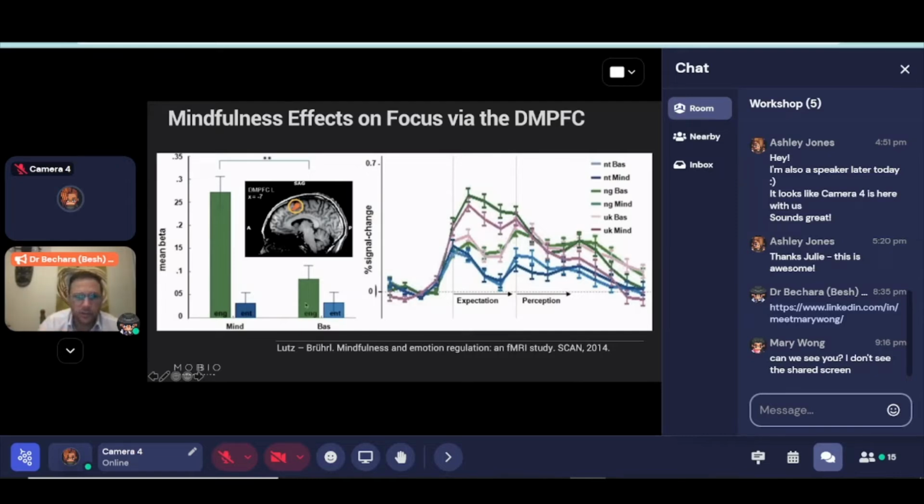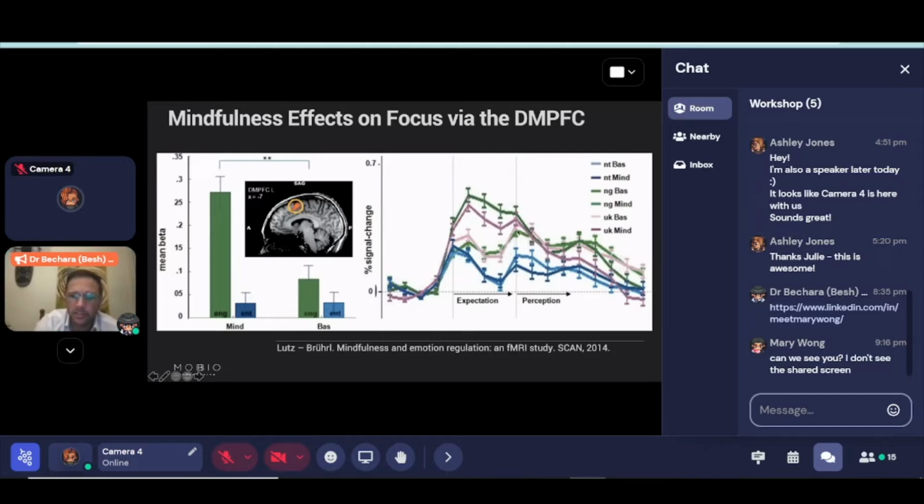So in the basic group, this is expectation of negative, only this much activity, but the dorsal medial prefrontal cortex becomes much more active in the mindfulness group when you see that sign that a negative image is about to show up. And then when the negative image is actually shown, it decreases. In both cases, it just begins to decrease.